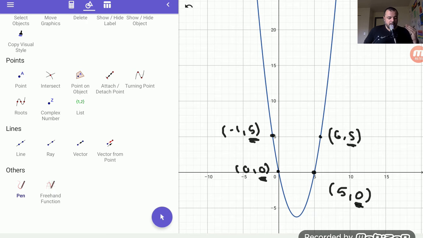So this is the meaning of one-to-one function. And this is not a one-to-one function because, to give one example, the 5 in the range is matched by -1 and 6. So these two elements in the domain took one element in the range.